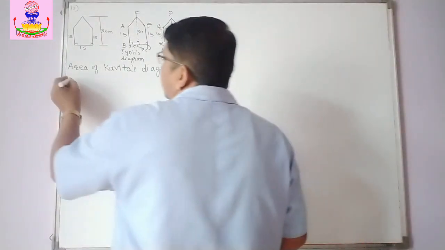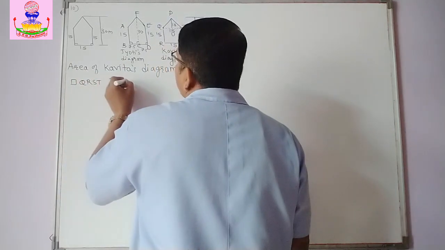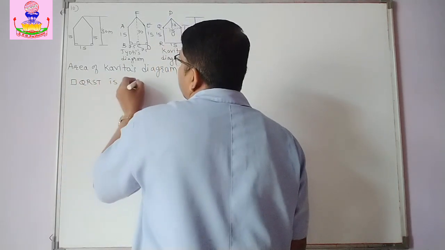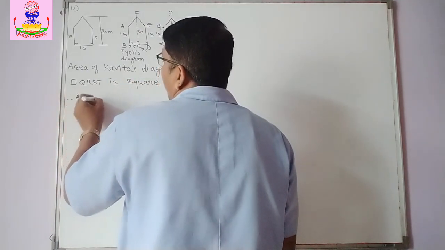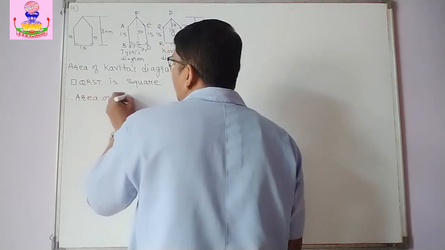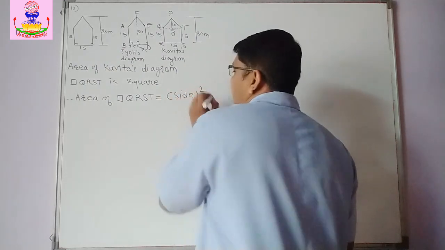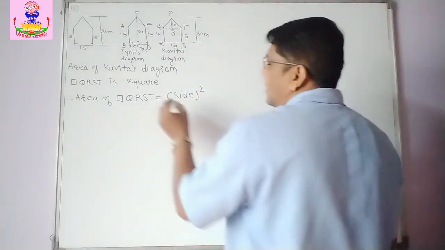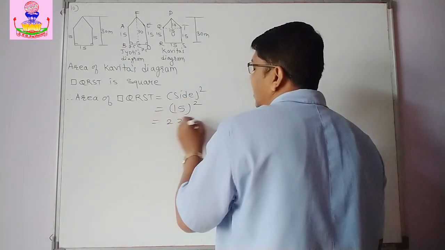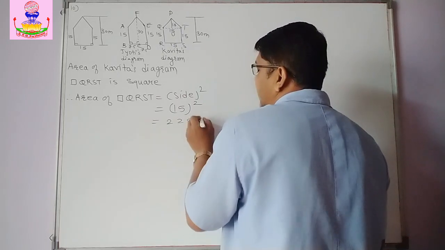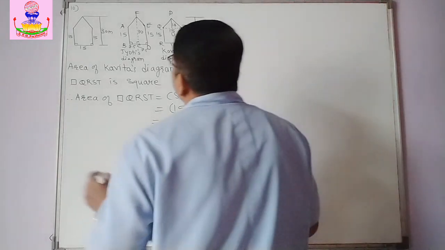As I have said, quadrilateral QRST is not a rectangle, it is a square. So the area of quadrilateral QRST is equivalent to side square. Now what is the side? 15. So 15 square, 225 meter square.